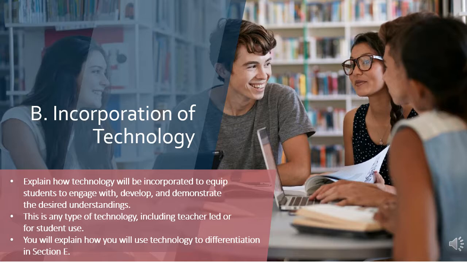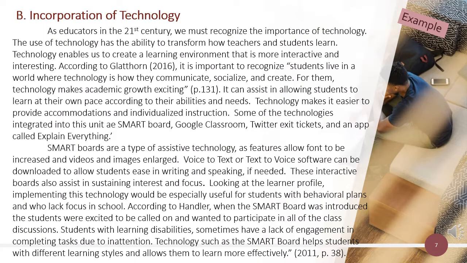Please remember that in this section you do not need to discuss differentiation because that will be in Section E. So just explain the different types of technology you will use. Here is an example of how this student wrote about her incorporation of technology in the thematic unit.